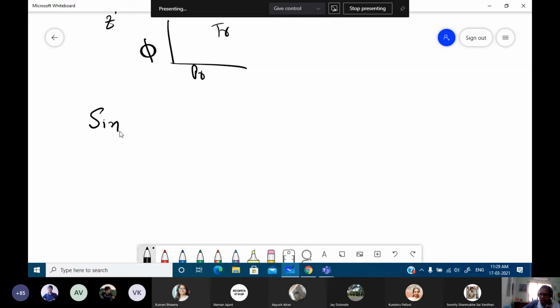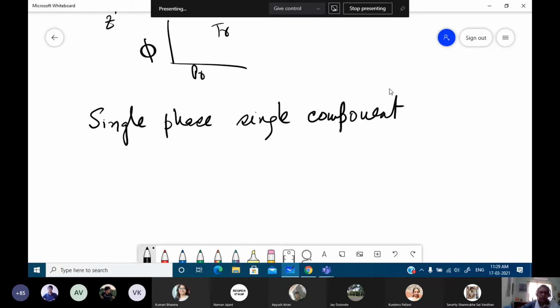So see, from the beginning of thermodynamics, the way we had started, the first thing we started was when Professor Kaushal started. This was primarily a single phase, single component system. So what did we first do? We first started to find out the change in properties, right? And why were the properties changing?